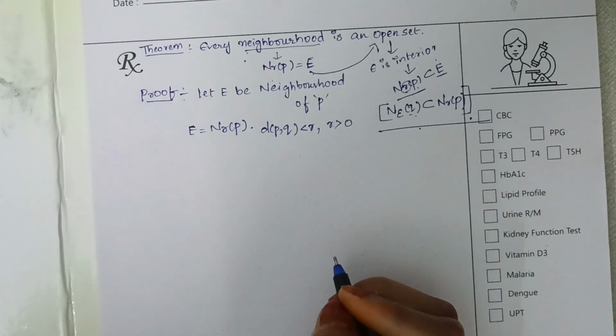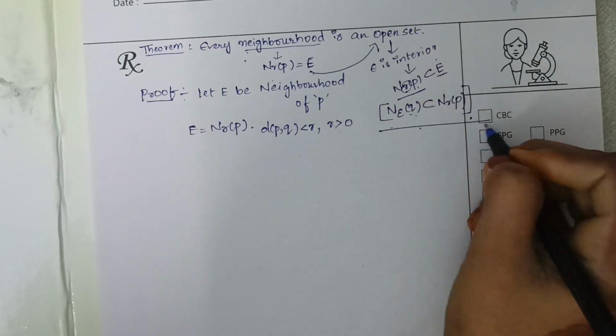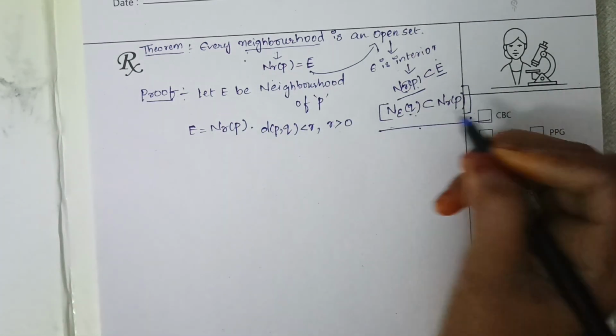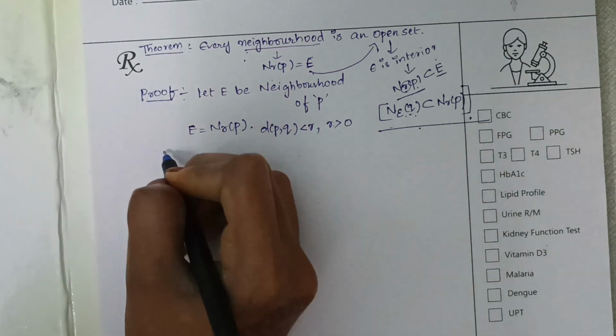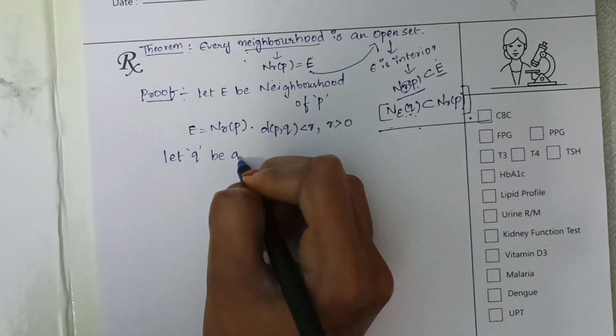The r is the radius of the neighborhood point. In order to prove this, first we need to consider Q to be any point in set E. So let Q be any point in E.